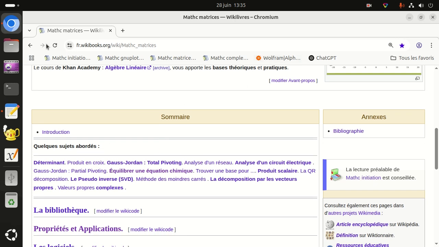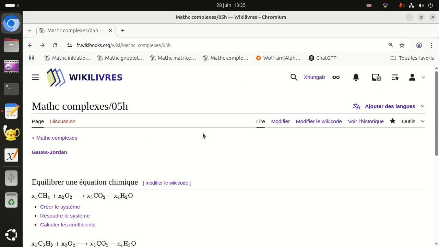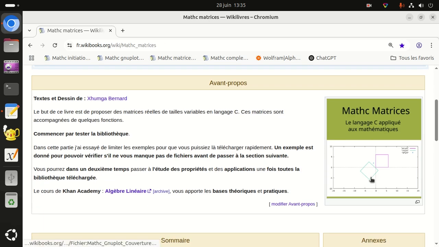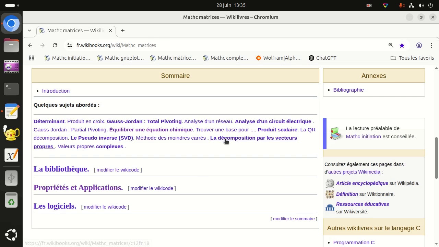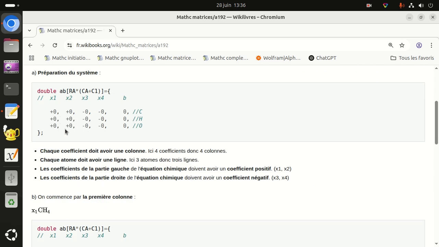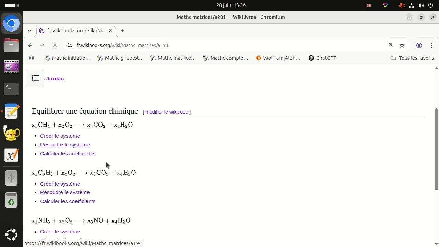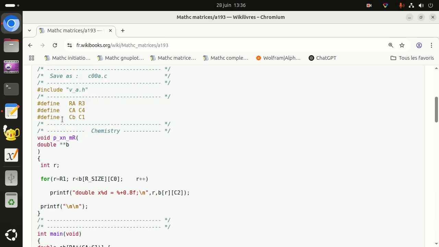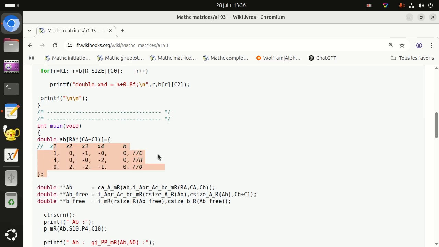You can go here. You can find here the same work, but this time only with real values. You can try if you want, the same work with real values.